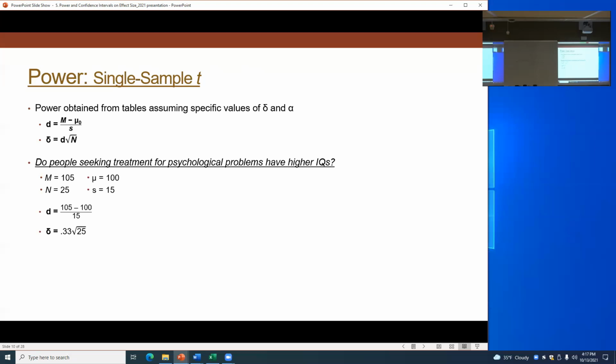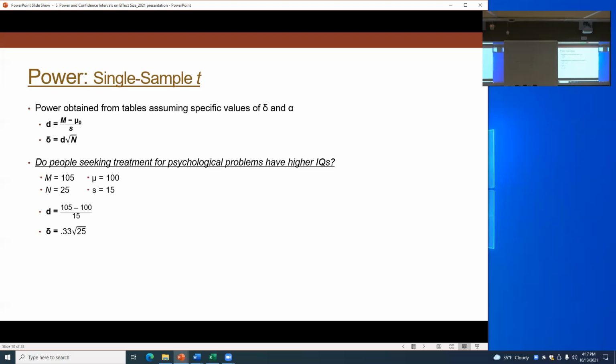So what I'm first going to do is calculate my effect size. This is easy, right? 105 minus 100 over 15 gives me my effect size. And what is that? Calculate that out. One third, right? 0.333.